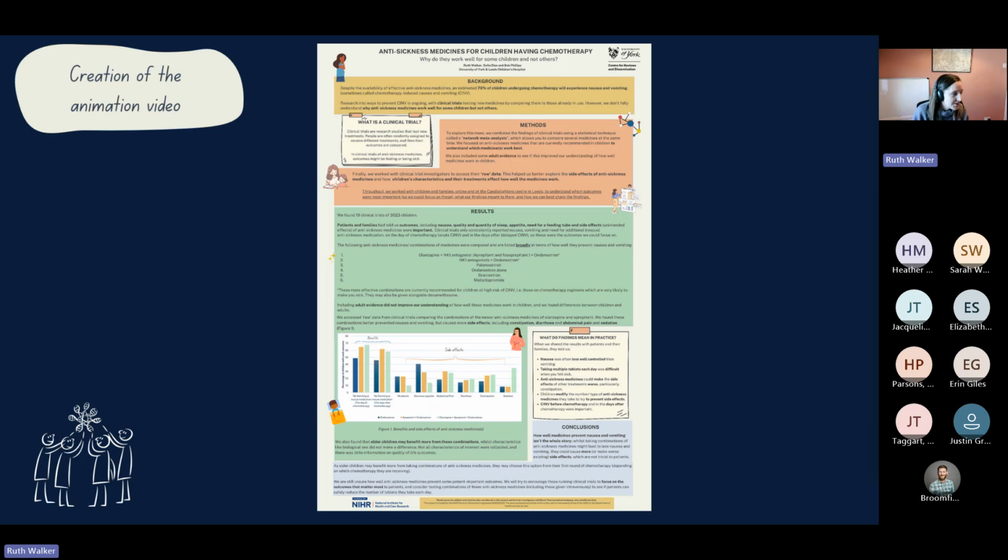For example, you can see the proportion of the side effects versus the benefits, and parents felt it was important to include the names of the different antiemetic regimens that are available. So it gives a summary of the whole project, but includes these important bits that we were able to identify through the involvement.